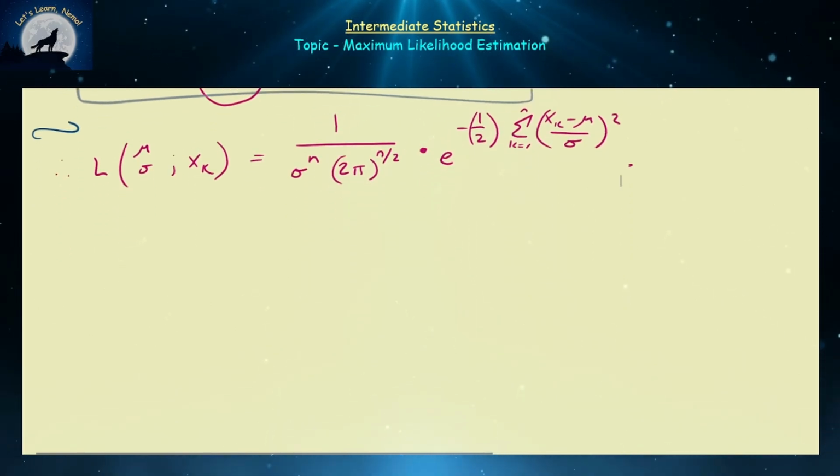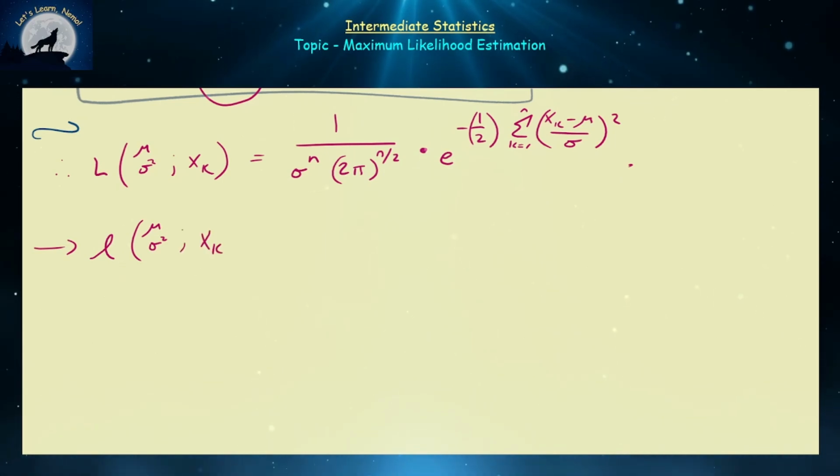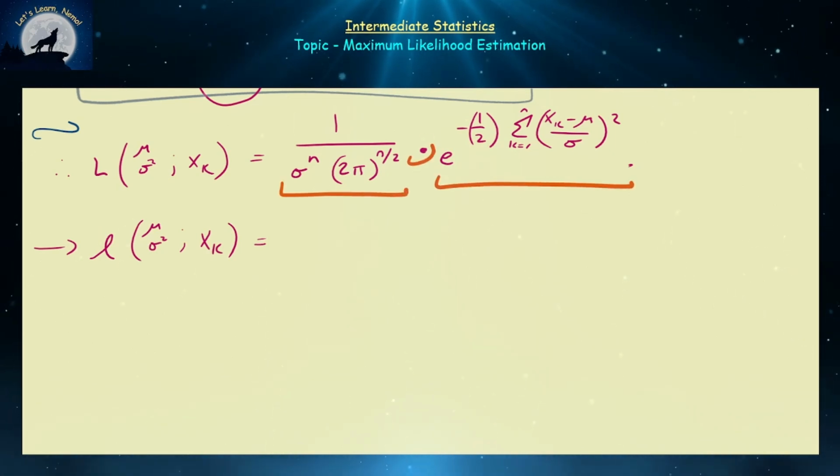Once we have our likelihood function, then we can find the log likelihood function. So that's going to be equal to little l of mu, sigma, and we can write it as sigma squared if we want to, of xk. We're going to be taking the log of this expression, and then the log of that, since there's our multiplication right there.